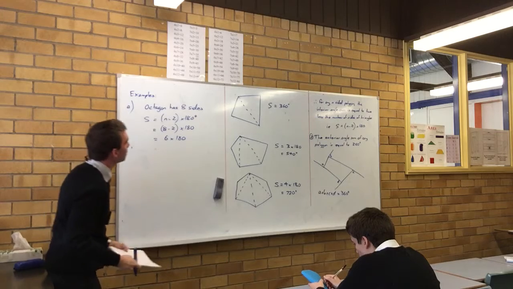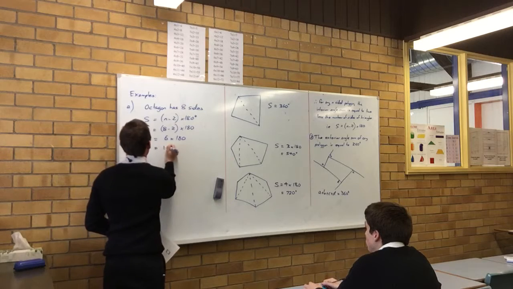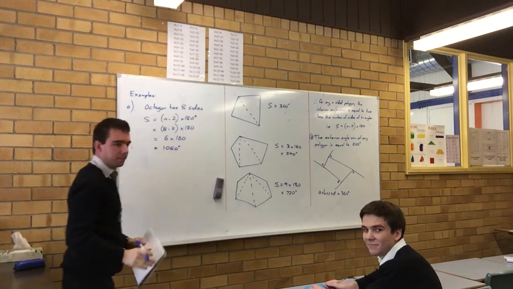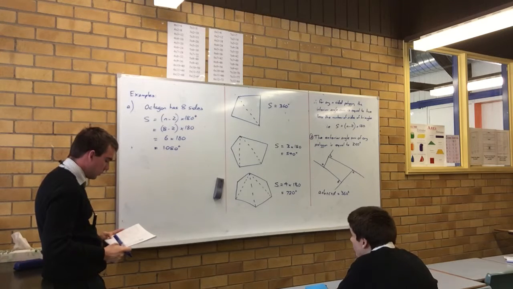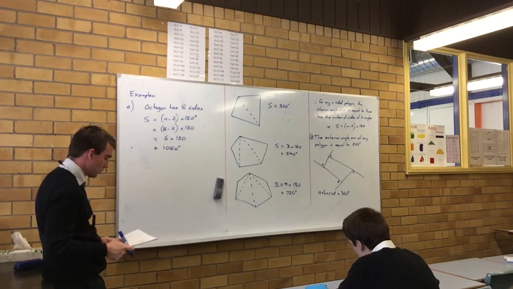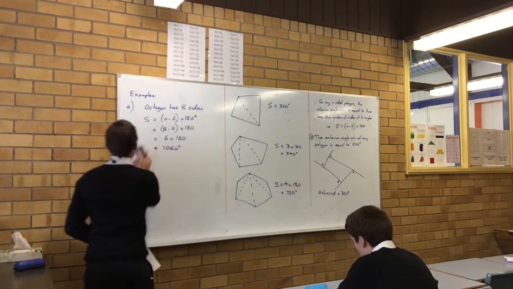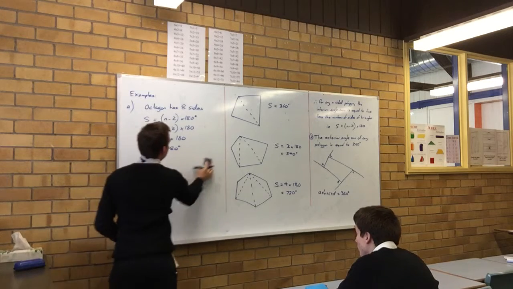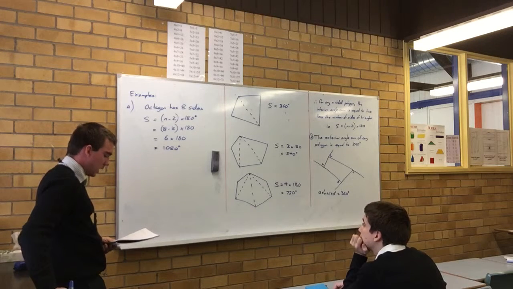We double 3 sides: 3 sides is 540, we double that and get 1080 degrees. That's just a straight application, and then coming up will be a next extra step that you need to work out.